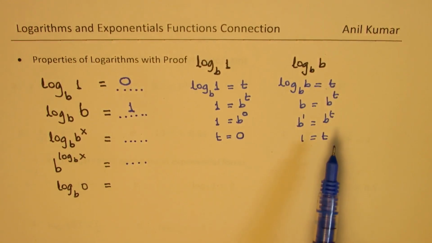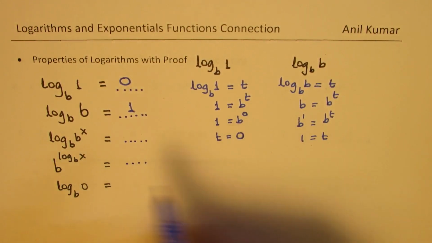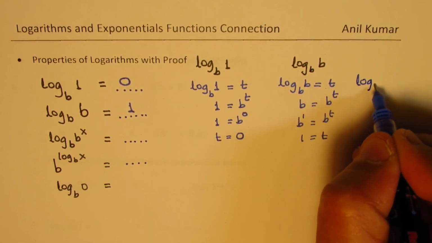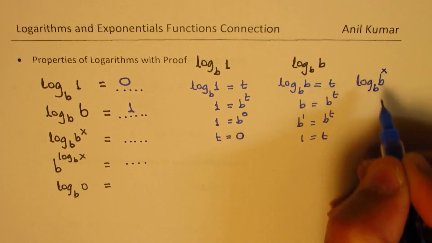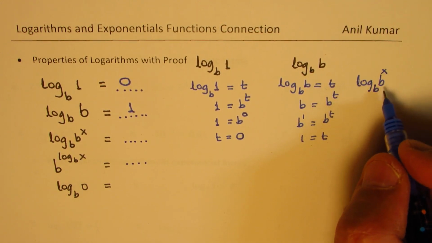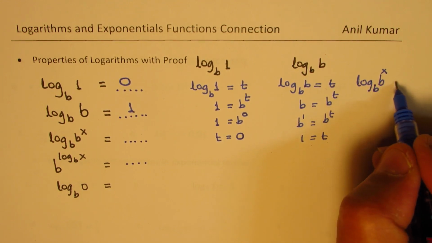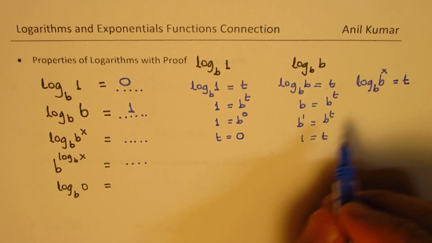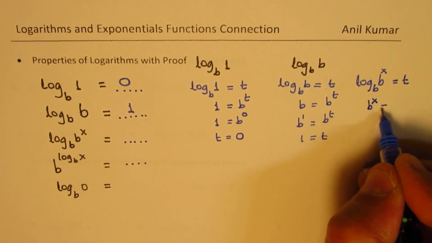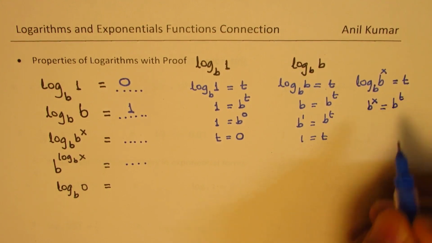Okay, now let's take the third one. We'll adopt the same method. So we have log to the base b of b to the power of x, and we don't know what this is. Let this be equal to, let's say again, t. Writing this in exponential form, we get b to the power of x is b to the power of t.